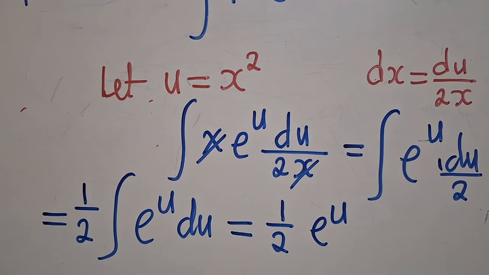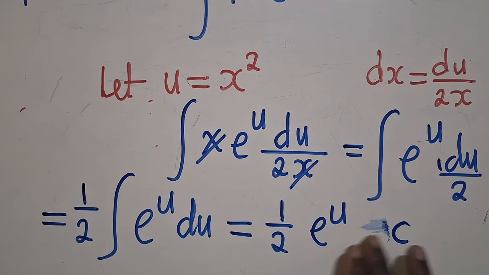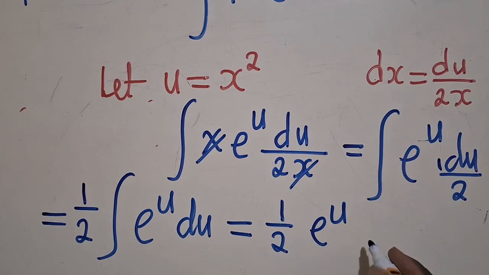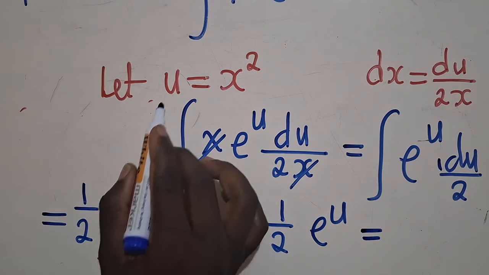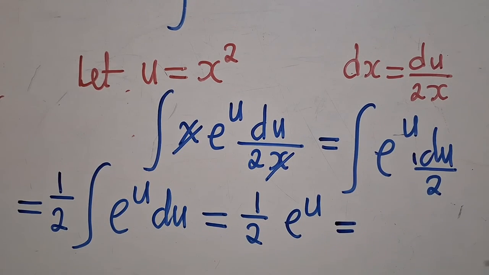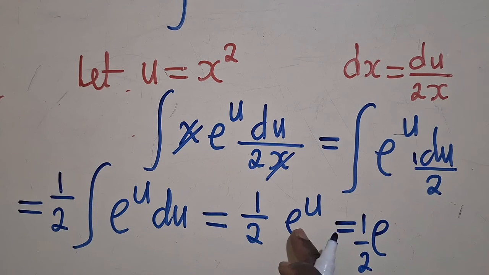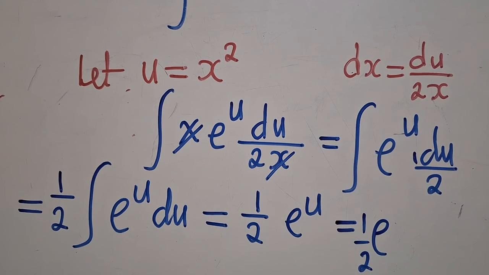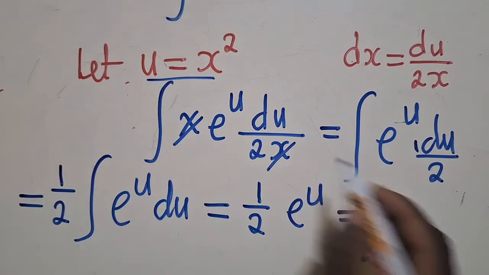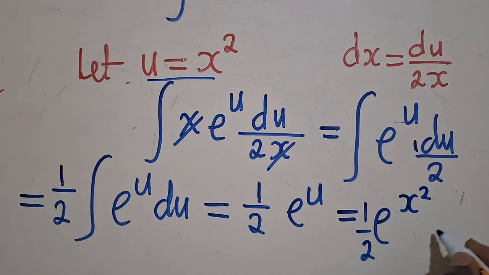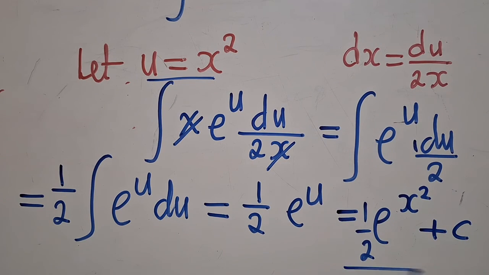And when we apply this, we say plus c. Before we even apply the plus c, we can substitute back, because we've now integrated. So it will be 1 over 2 e power, and where there is power here, we put back our u, which is x power 2, and then we say plus c. We are done.